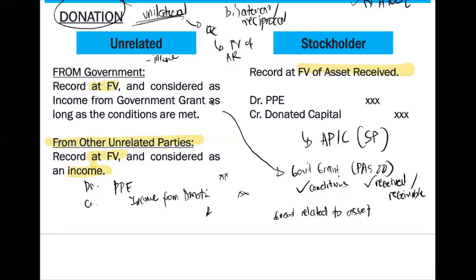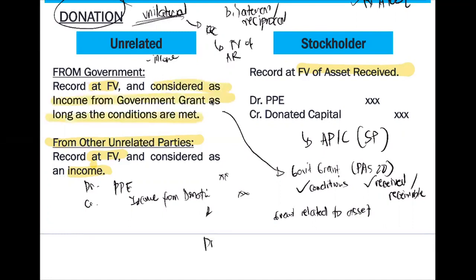So government grant, PS 20. When do we recognize an income from grant? We will only recognize income from grant if we meet the conditions of the grant and it is already received or receivable. Okay, so what type of donation do we really have? It is considered a grant related to asset. So sabi nga dito, it is considered as income from government grant as long as the conditions are met.